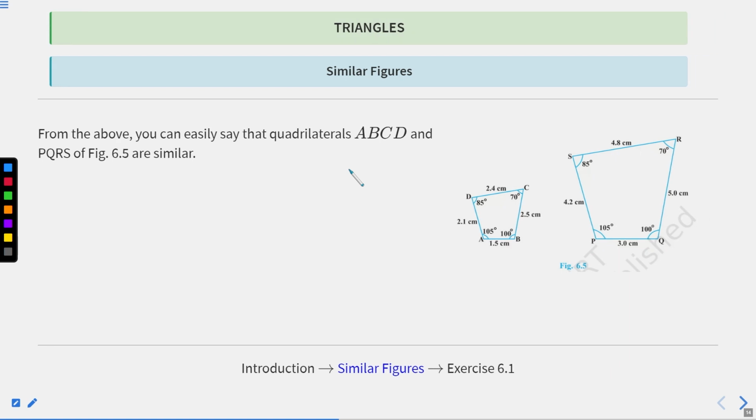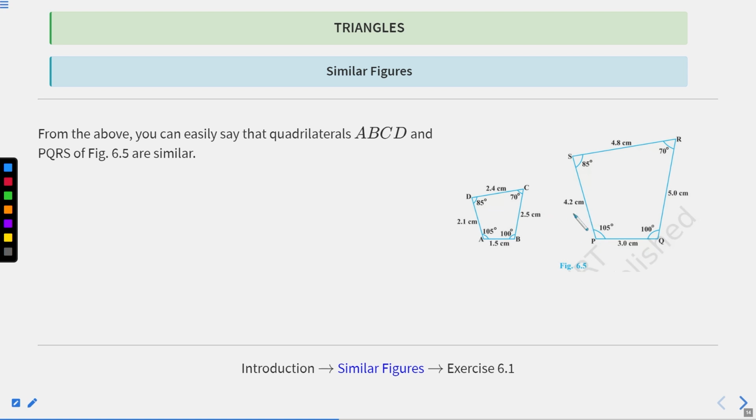Now from the above you can easily say that quadrilaterals ABCD and PQRS of figure 6.5 are actually similar. Why are they similar?